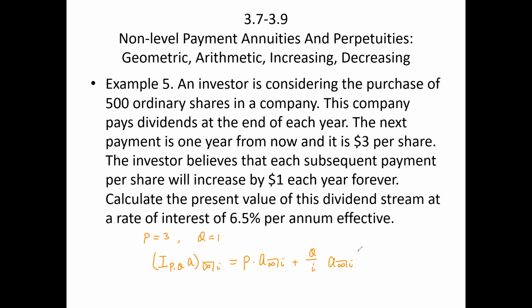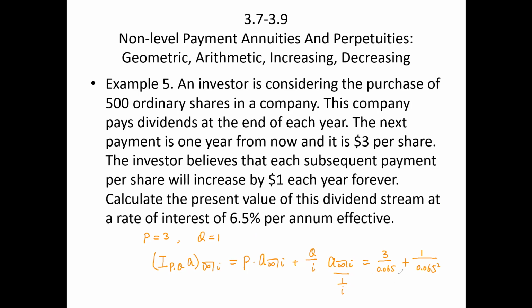All right, so for this problem, it's 3 over I, I is 0.065. And then Q, this is also 1 over I. So you have a Q, which is $1 over 0.065 squared. This is 1 over I, so that's Q over I squared.